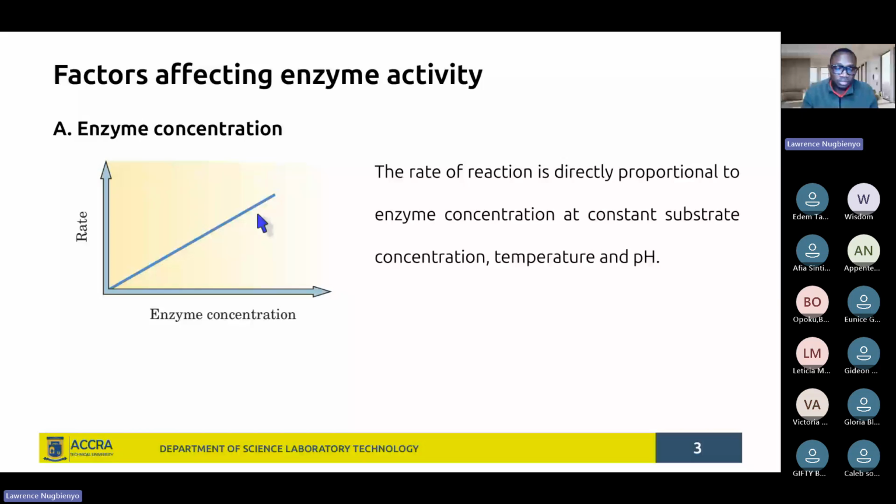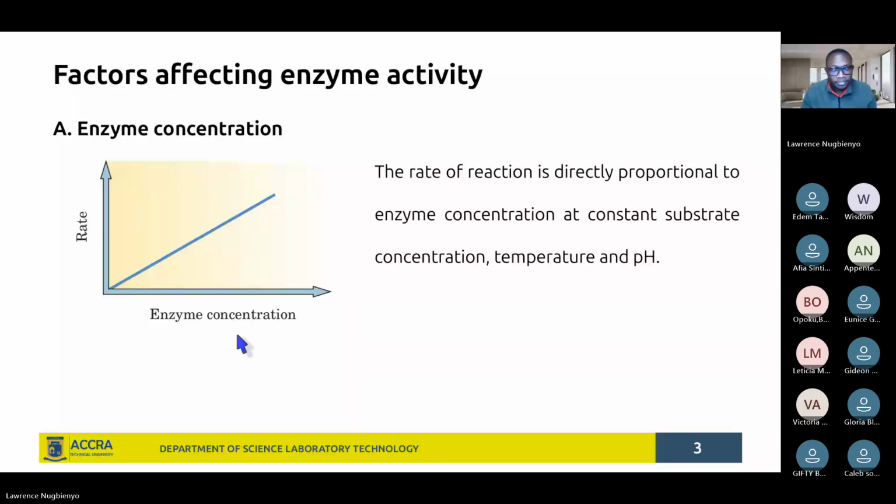So if you have some amount of substrate there and you have enzyme molecules that are proteins that should be acting on this substrate to be forming products, the more enzyme molecules you have, the faster the reaction proceeds, because then it will mean that more substrates will be converted per unit time to a product. So you will have such proportionality between the rate of the reaction and the enzyme concentration.